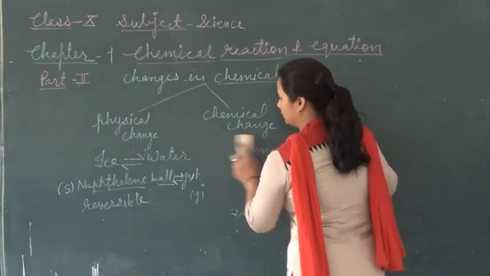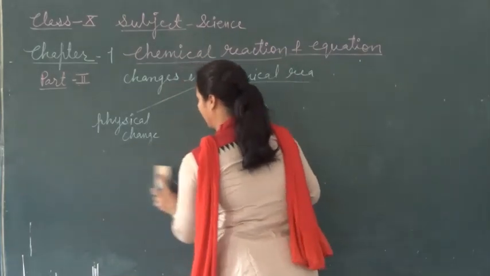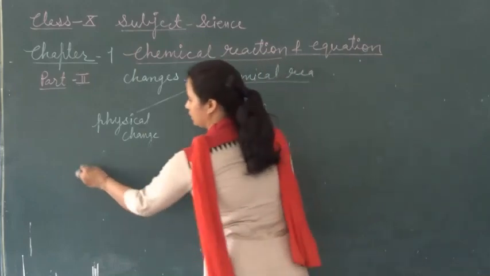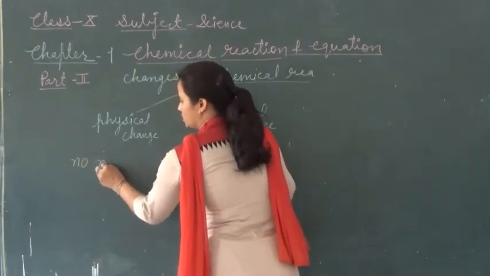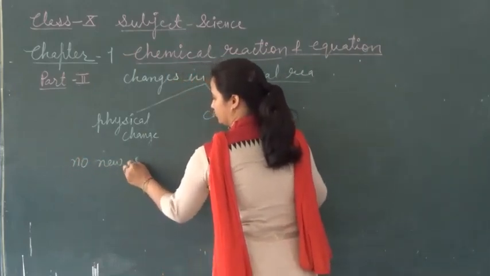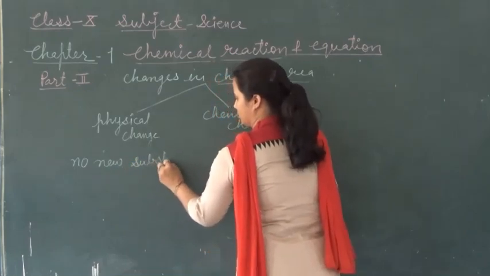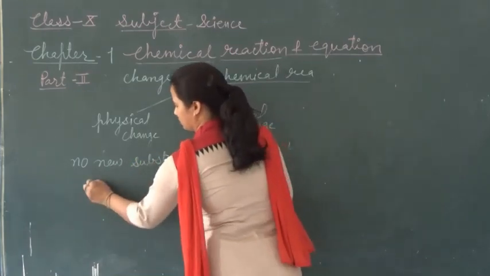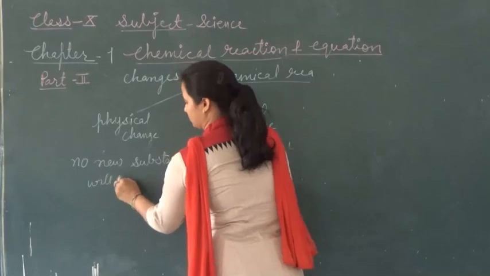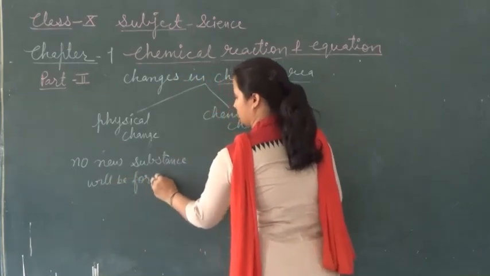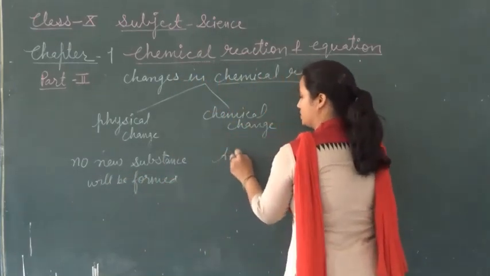Another difference between physical and chemical changes: in physical change, no new substance will be formed. In chemical change, a new substance will be formed.